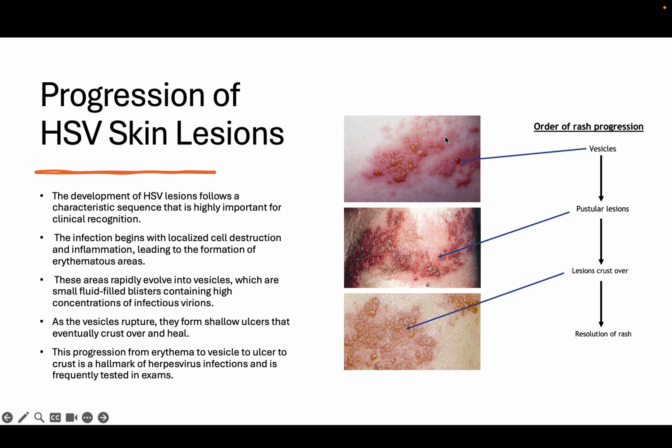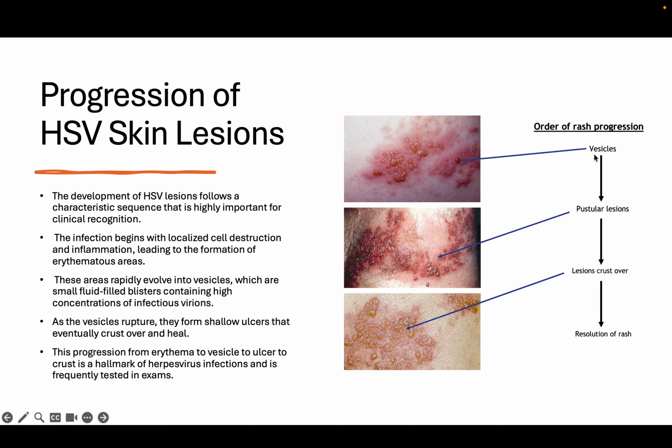That comes up first. Then you get the vesicle formation. These vesicles are filled with fluid, and this fluid is extremely rich in virus, so these are extremely contagious. Then these fluid sacs pop and open up, they rupture, and bit by bit they ulcerate and then crust over and heal.